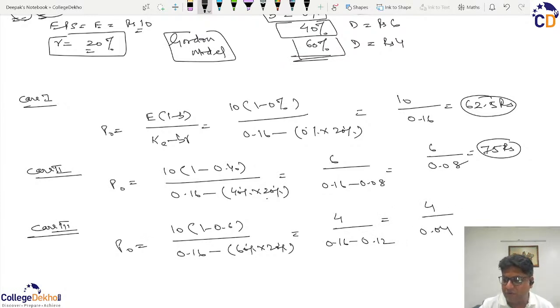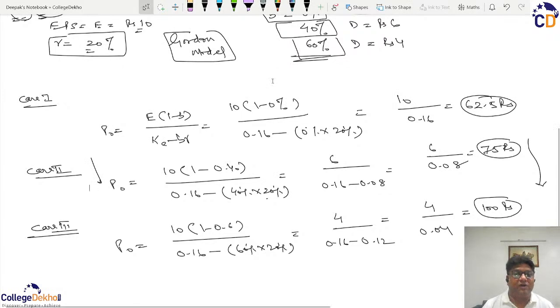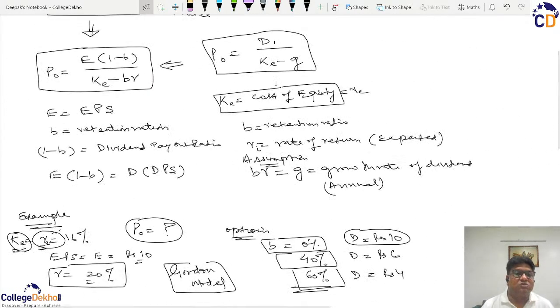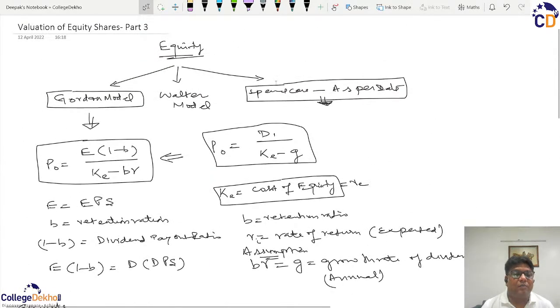So 4 divided by 0.04 comes out to be 100 rupees. So here the market price is increasing as the dividend is going down, because the rate of return on investment is more than the cost of equity, which affects the dividend distribution adversely. So we can calculate the market price based on Gordon's model by using this formula.